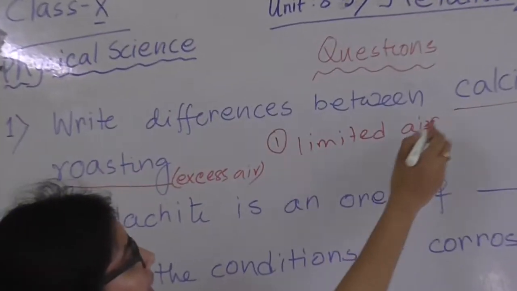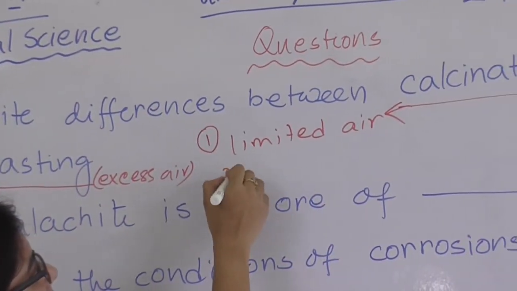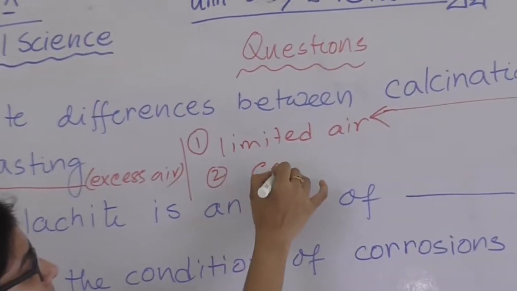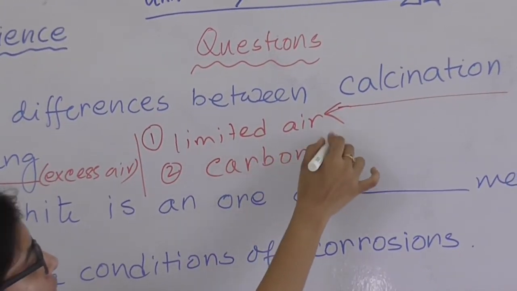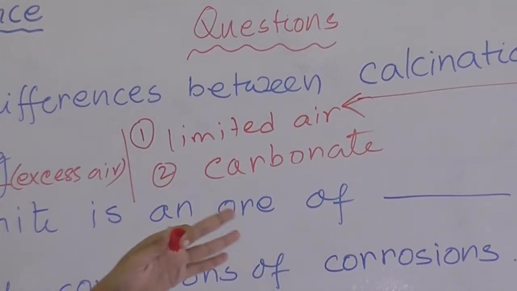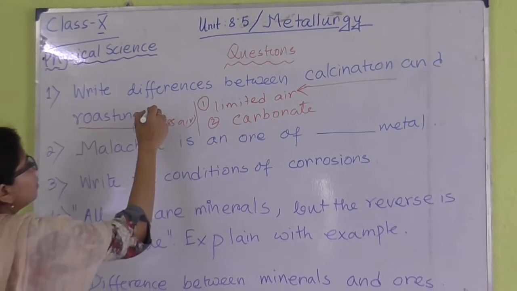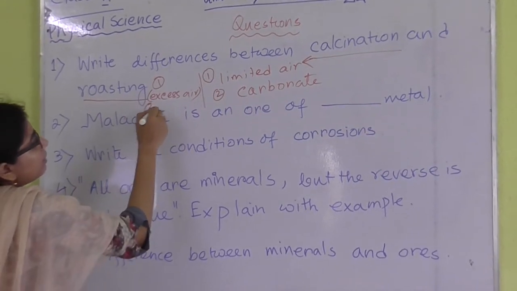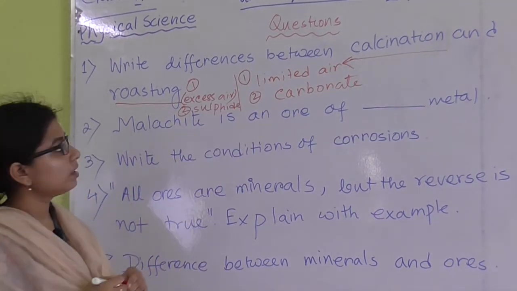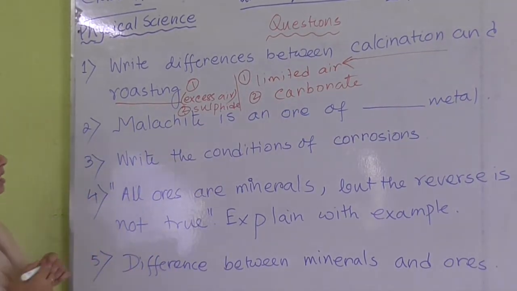For calcination we do it over the carbonate kind of ore, and for roasting generally we do it over the sulphide type of ore. Okay, these are the 2 differences.